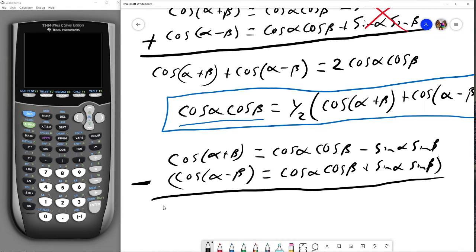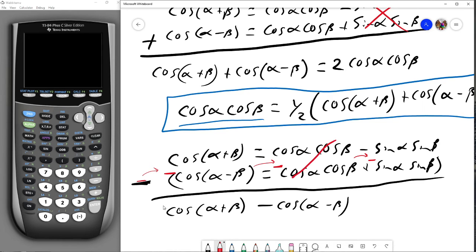So on the left side, you get cosine of alpha plus beta minus a quantity of cosine alpha minus beta. So you want to keep in mind that this negative sign is going to have a negative here, here, and here. It has to distribute, okay? So keep that in mind. That negative is distributing to every term.